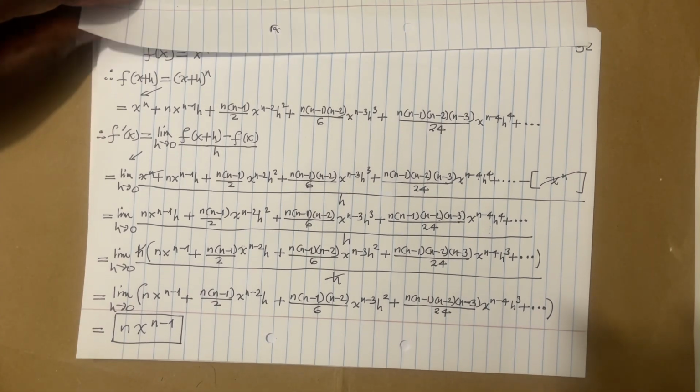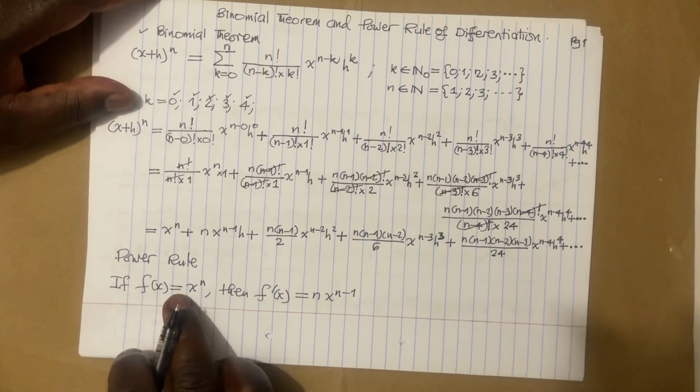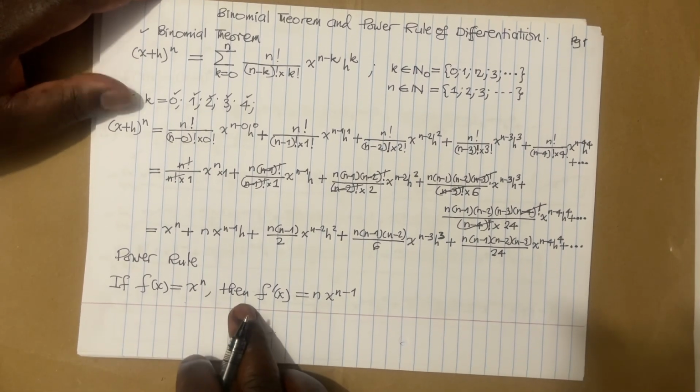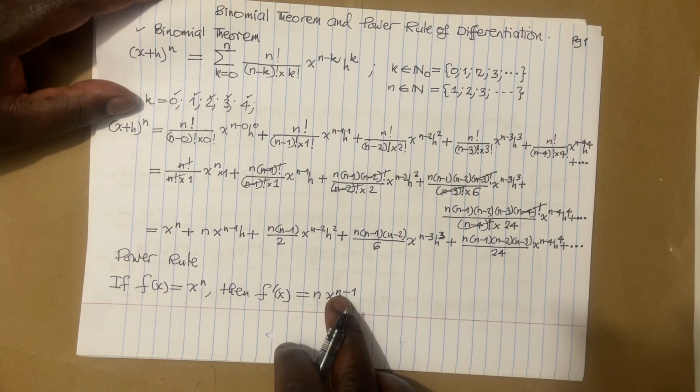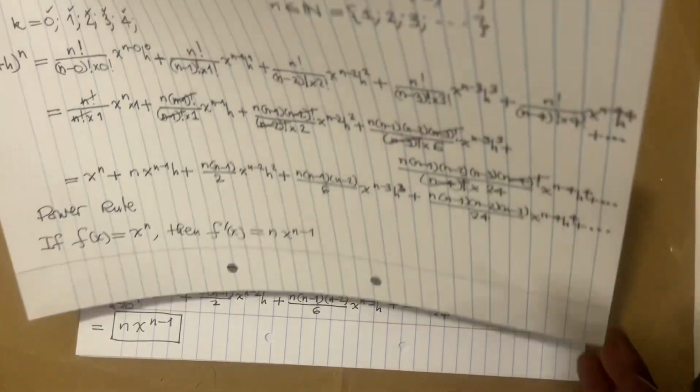Remember what we said as far as power rule is concerned? Here it is. That if f of x equals x power n, then f prime of x must be n x power n minus 1. So that is the story of the power rule.